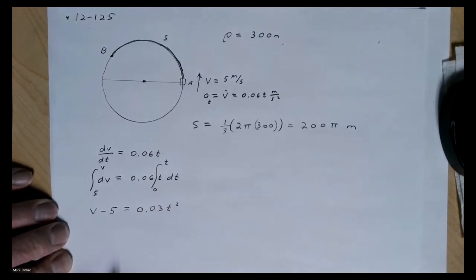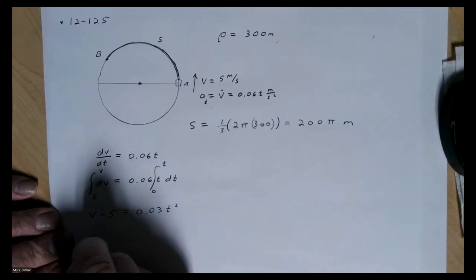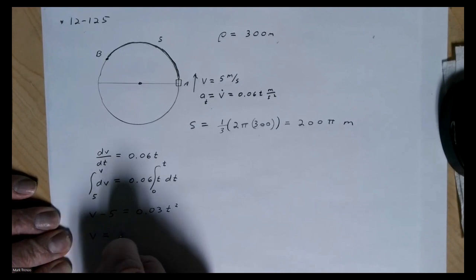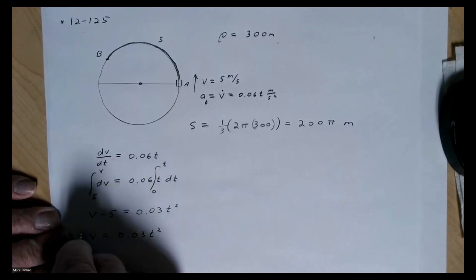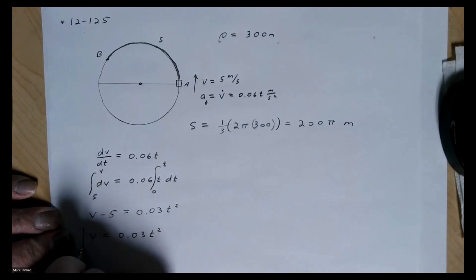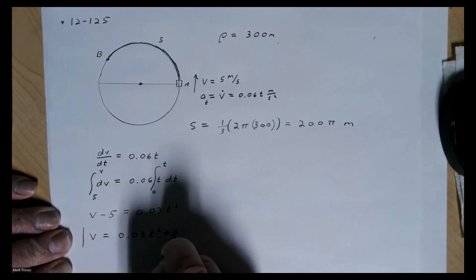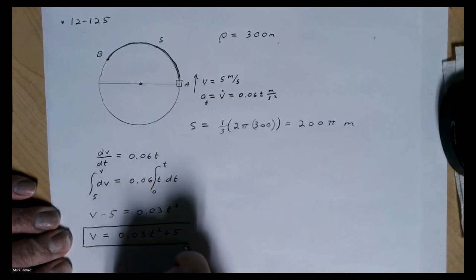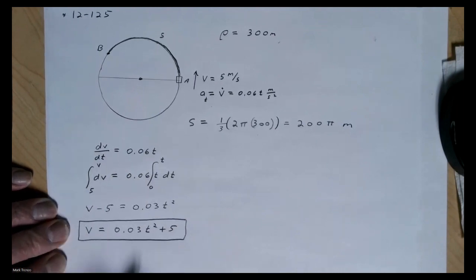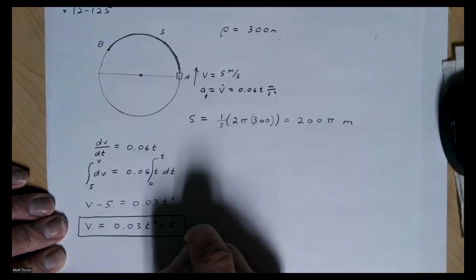And then we can rewrite this and bring the 5 to the right-hand side. It'll be a little bit easier to work with. And we can call this equation 1.